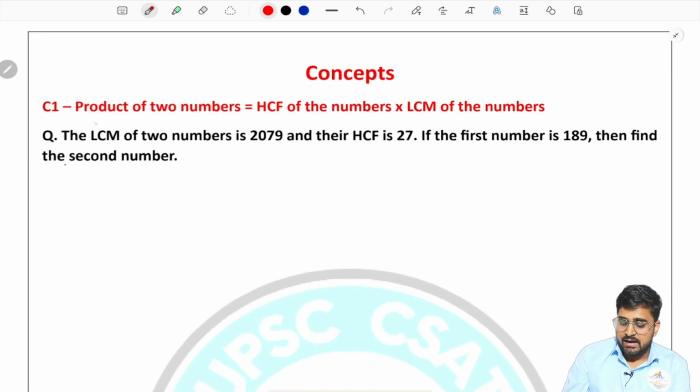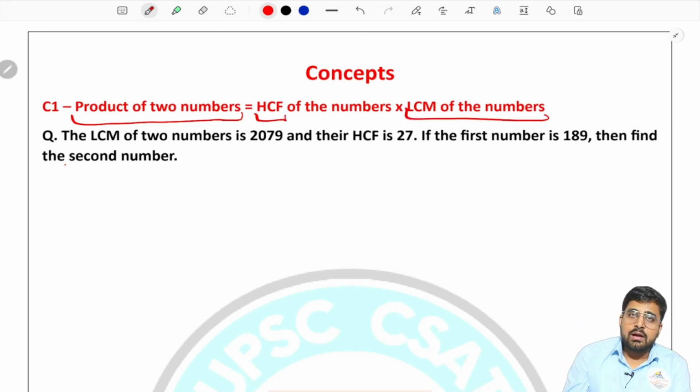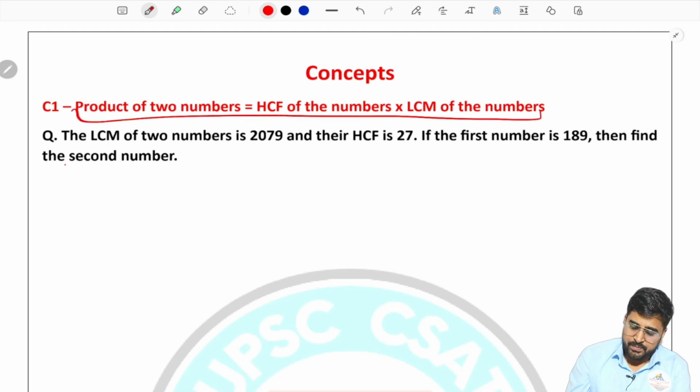Concept 1 states that if you have to find the product of two numbers, then it is always equal to the highest common factor of these numbers and the LCM of these numbers. Let's try to solve a question with the help of this concept.